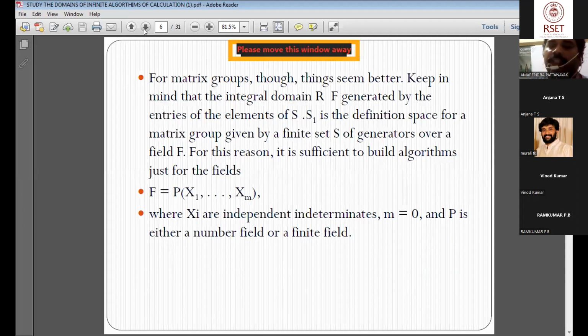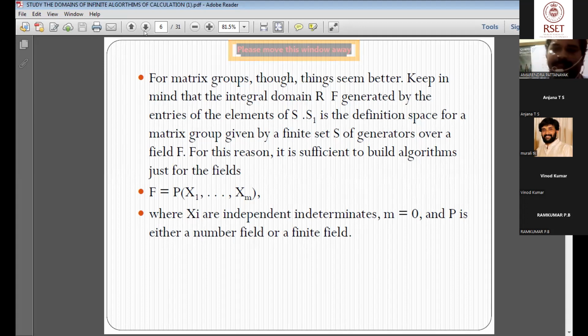Keep in mind the integral domain R_F generated by the entries of elements of S. S is the definition set for a matrix group given by a finite set S of generators over a field F. For this reason, it is sufficient to build algorithms just for the field F equal to P(x1, x2, ..., xm), where the xi are independent indeterminates, m is greater than or equal to 0, and P is either a number field or a finite field.